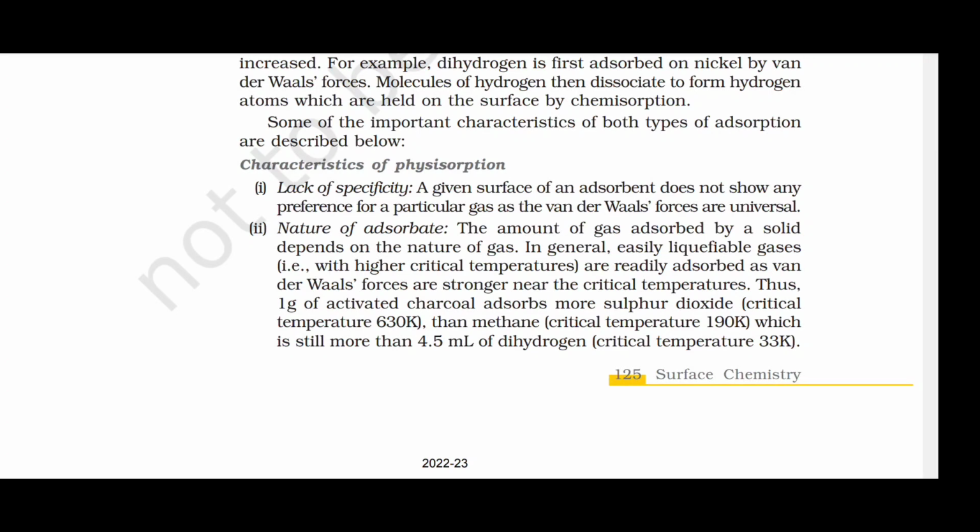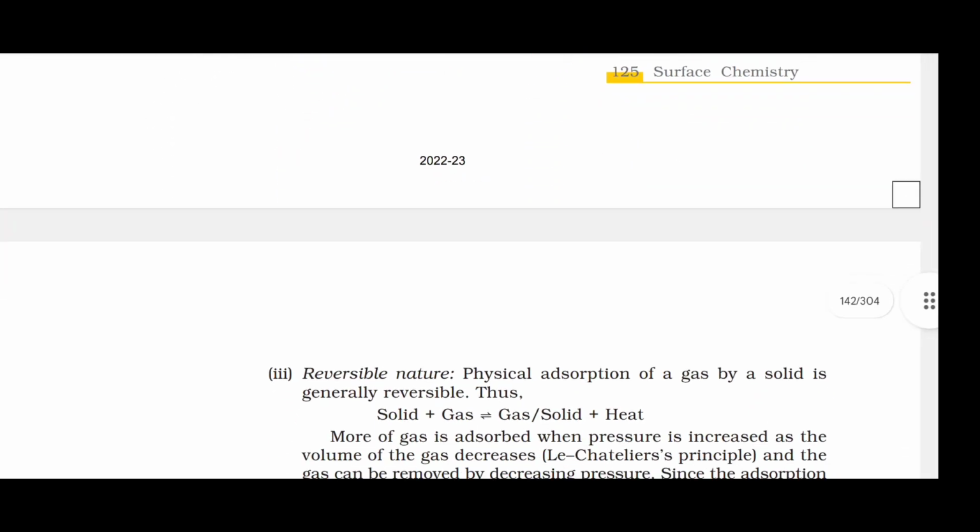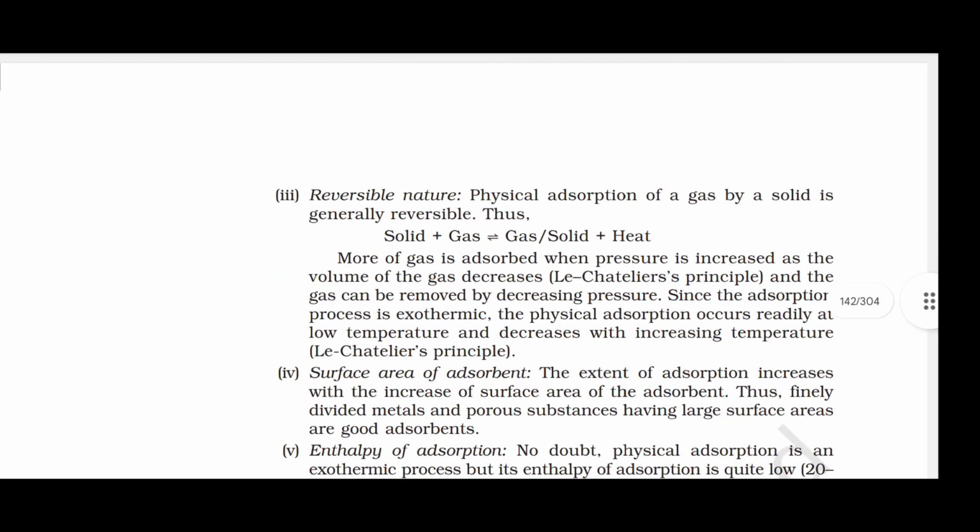Thus, 1 gram of activated charcoal adsorbs more sulfur dioxide, critical temperature 630 Kelvin, than methane, critical temperature 190 Kelvin, which is still more than 4.5 ml of dihydrogen, critical temperature 33 Kelvin.